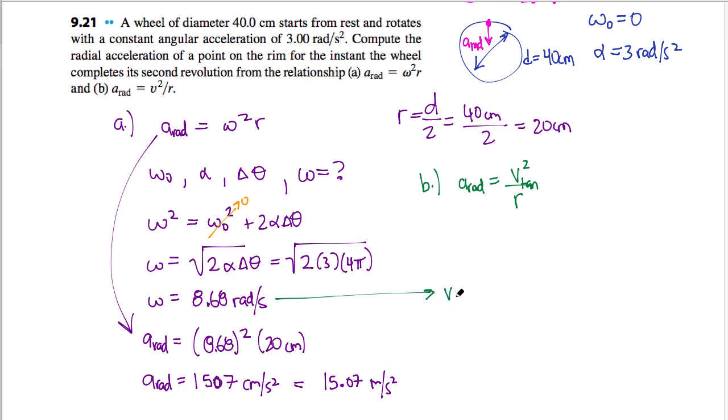I know that v tangential is equal to the radius times omega, my angular speed or angular velocity. So v tangential is, in this case, my 20 centimeters times my angular speed that I already found of 8.68 radians per second.